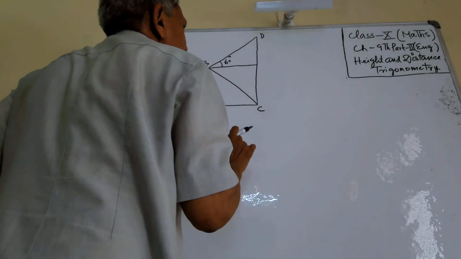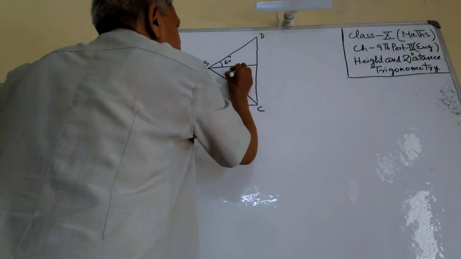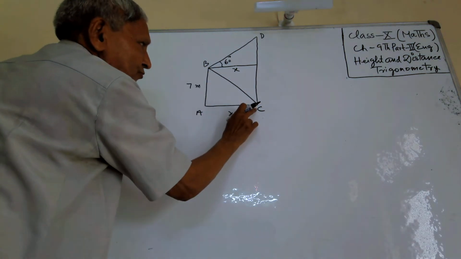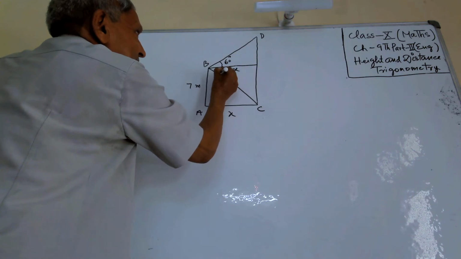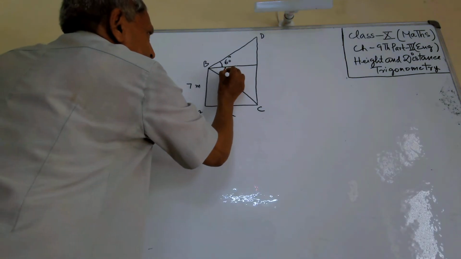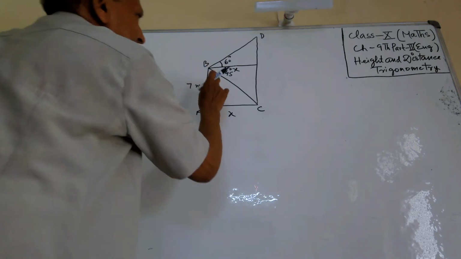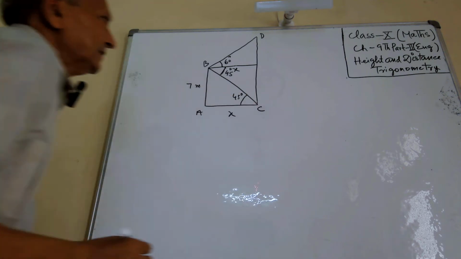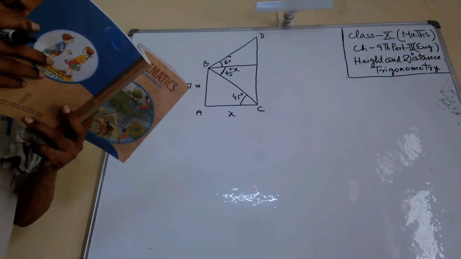This is the angle of elevation and B equal to x, and this is also equal to x. Now when B is looking towards C, the angle of depression is formed. Here at C, this is the angle of elevation and this is the angle of depression, but angle of elevation and angle of depression are the same. So therefore this is also 45. This is the figure of the given statement.